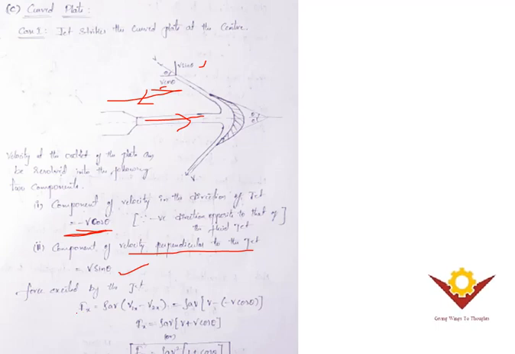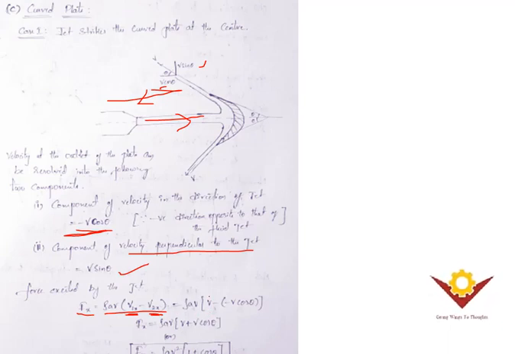The force exerted by the jet, Fx, from the impulse momentum principle, is the mass per second, rho a v, into v1x, the velocity of the jet before striking the plate in the x direction, minus the velocity of the jet after striking in the x direction.